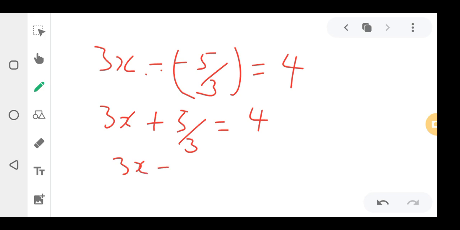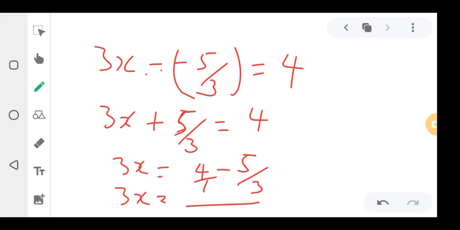So 3x is equal to 4. This positive 5 over 3 will go this side, it becomes negative 5 over 3. Okay, 3x is equal to 4, and any number on its own is over 1. Common denominator for 1 and 3 is 3. Okay, 1 into 3, 3. 3 times 4, 12.